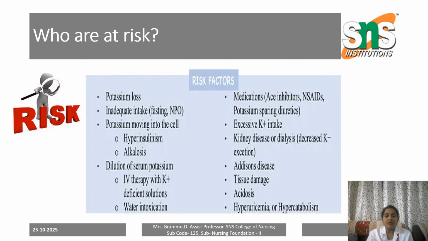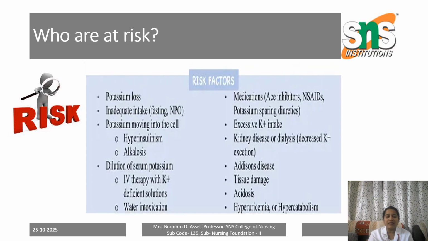Or the patient might be having heavy potassium loss such as heavy diarrhea, or due to hyperinsulinism or alkalosis, or if the patient is receiving dilution of IV therapies with potassium deficient solutions, and water intoxication when they are having more than 4 or 5 liters of water, where the body is developing water intoxication syndrome.